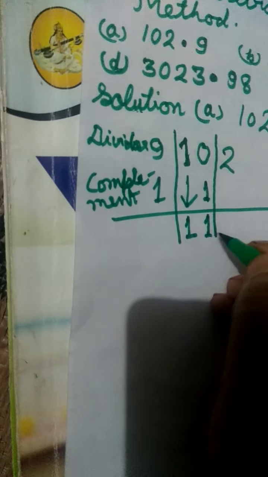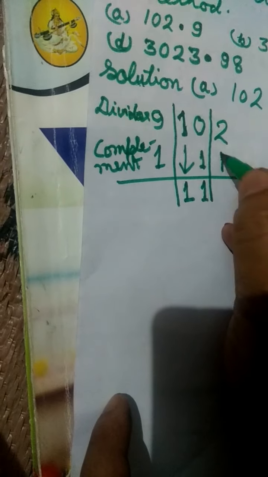Now the second number, 1. You multiply the complement with this number: 1 times 1 is 1, and you write it under the next number. Then add 2 plus 1, equal to 3.